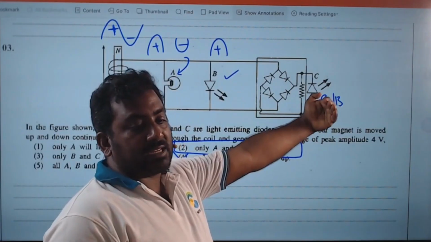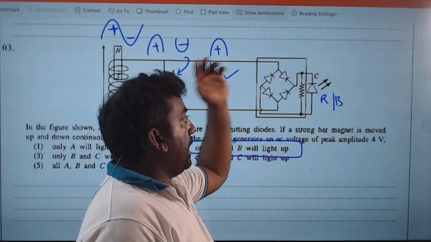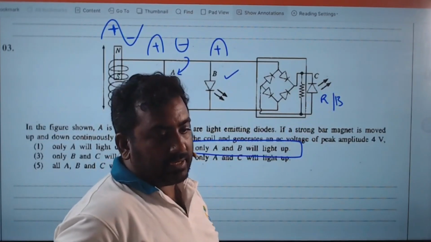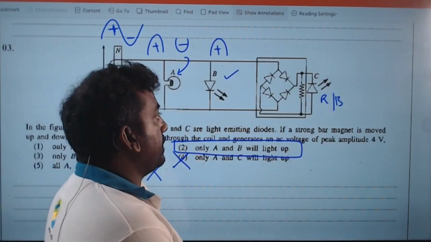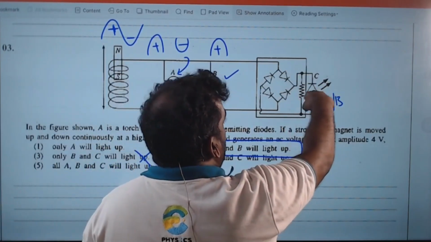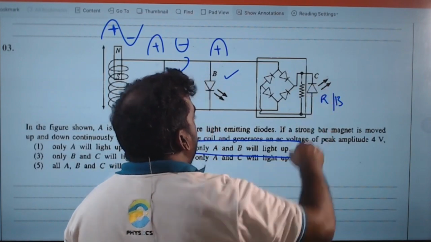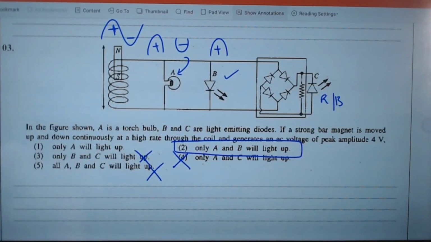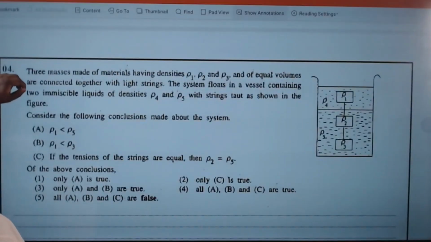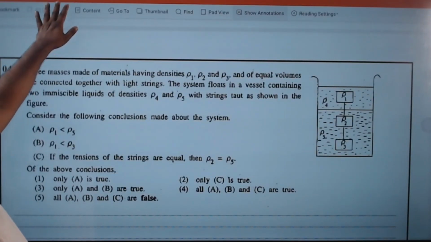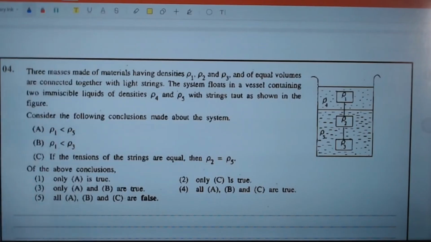After the rectification circuit, C will always be reverse biased, so it will not illuminate.